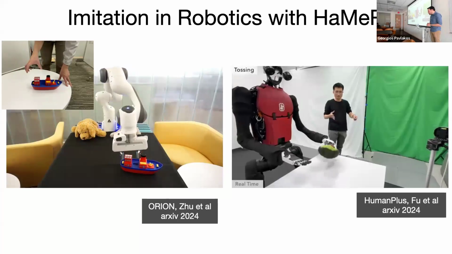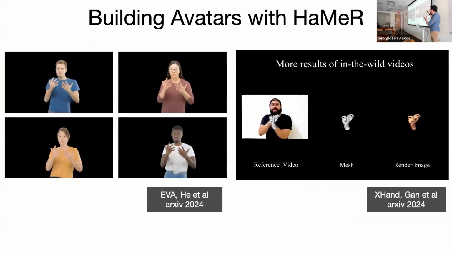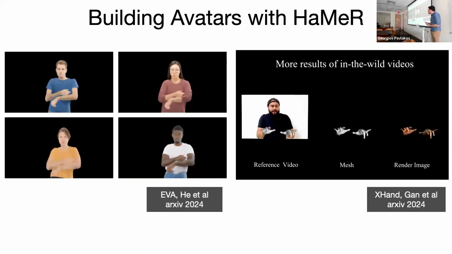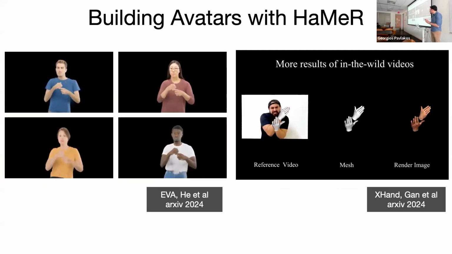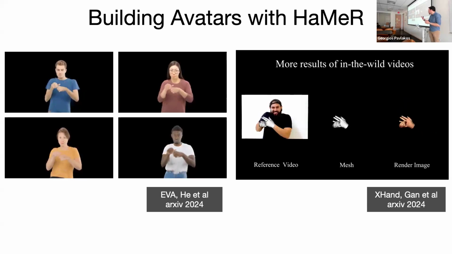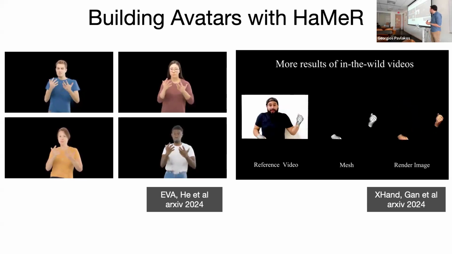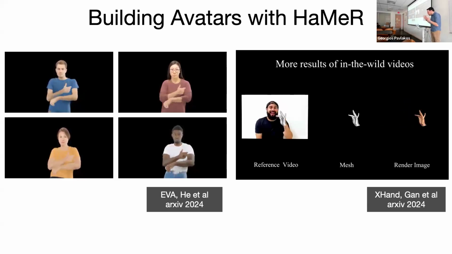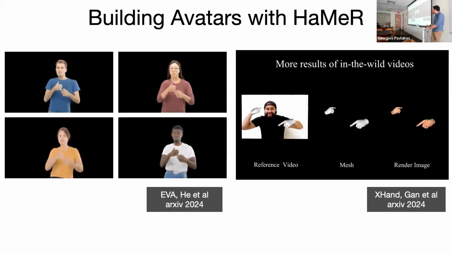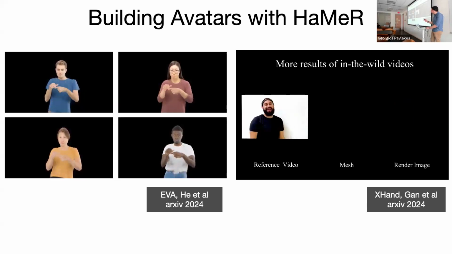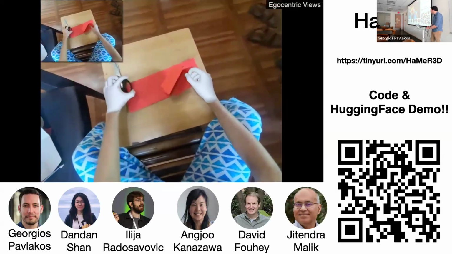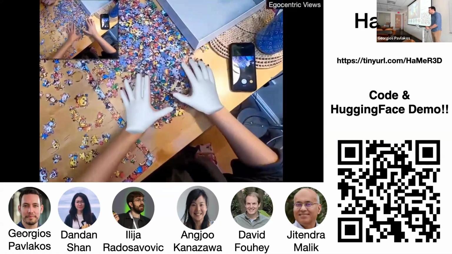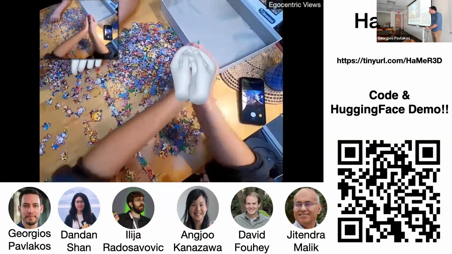We have also been using this for building photorealistic avatars of people or of hands. On the left, you see work led by Hezen, a collaboration with Atlas. This was one of the successes for us: people are actually using this for their tasks. And of course, code and models are all available, and you are encouraged to use them as well.